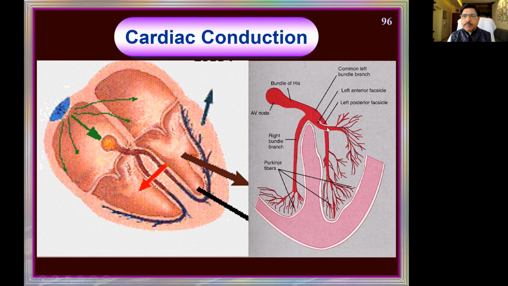The left branch divides into a sort of anterior fascicle and a posterior fascicle. This is required because the size of the left ventricle is bigger, so much so that anterior surface and the posterior are simultaneously to be activated. God has provided a sort of two arrangement there in the left side.